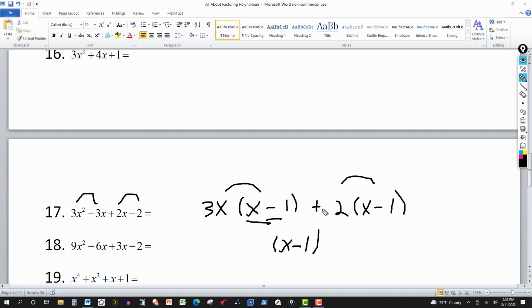Now x minus 1, x minus 1, take out the x minus 1. What's left? In the first group we have left a 3x, bring down the plus, and in the second group we have left a 2. So the factorization for this one would be x minus 1 times 3x plus 2.